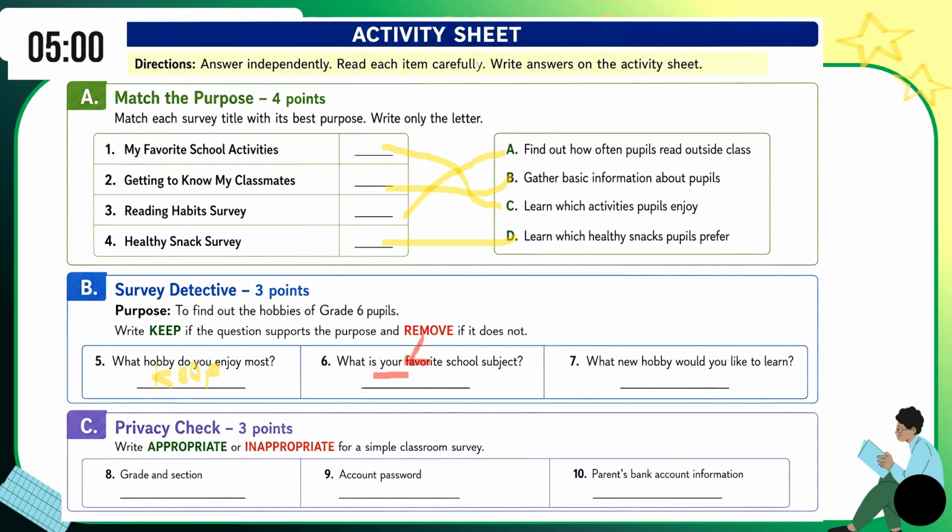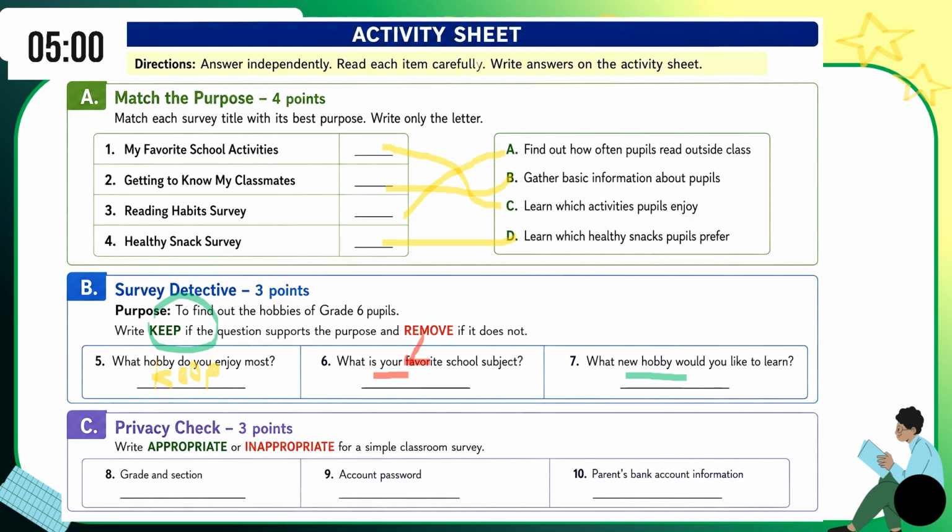So remove. I don't have my Apple Pencil. Sorry. And then number 7, let's keep it green for keep. So number 7 is green. Keep. Okay.